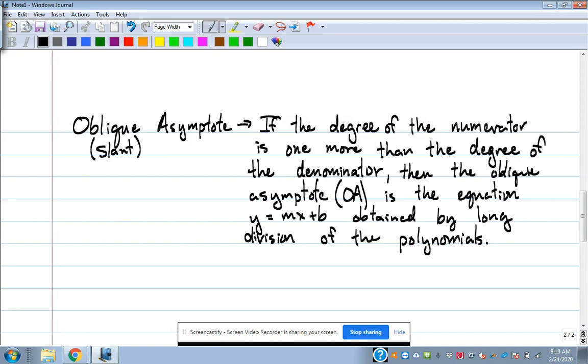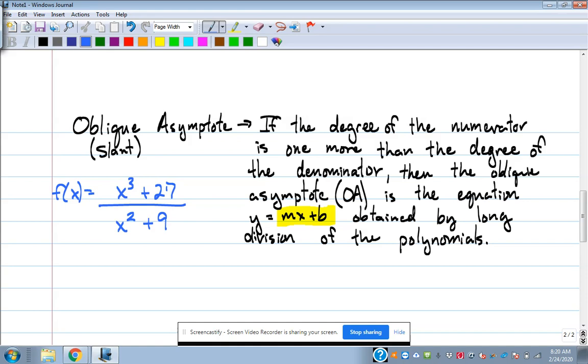All right. Long division is the only way that we're going to create that. That mx, y equals mx plus b, that is the quotient when we do the long division. Okay? So this, whoops, highlighter. This is the quotient when we do long division. An example of a problem that would have an oblique asymptote might be something like this. f of x equals x cubed plus 27 over x squared plus 9.